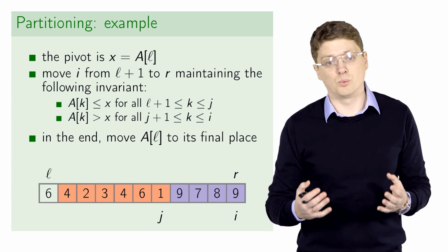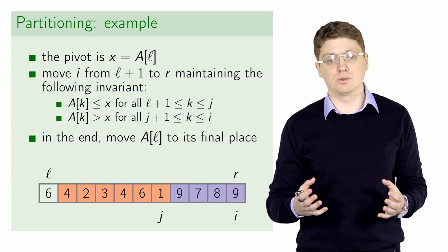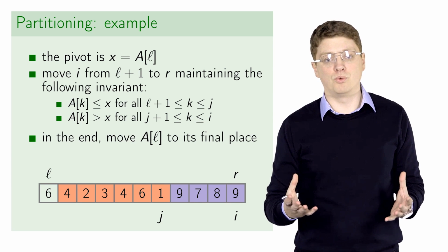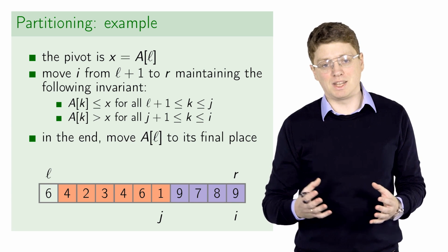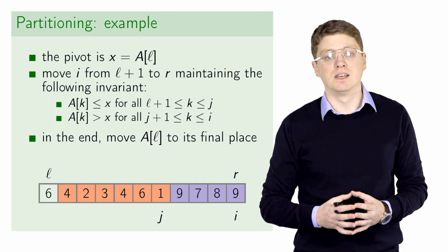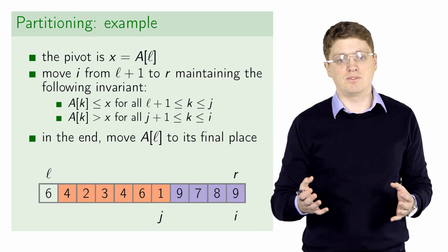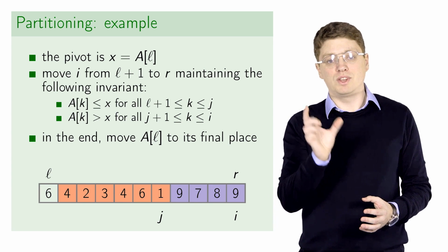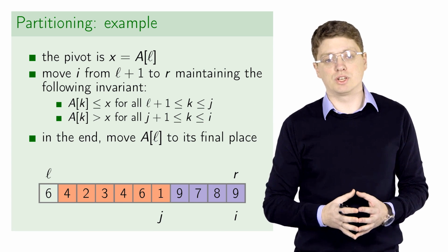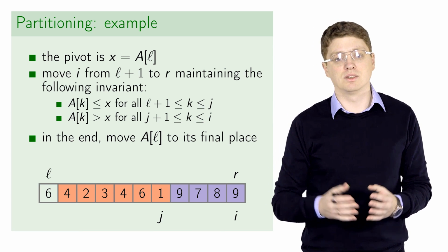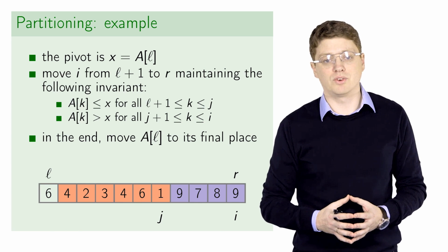And finally, what we also need to do in the very end is to move the pivot element, which is 6 in this case, to its final position. And its final position actually can be easily found in this case. So we have the red region and we have the blue region. In the red region, all the elements are at most 6, and in the blue region, all the elements are greater than 6.